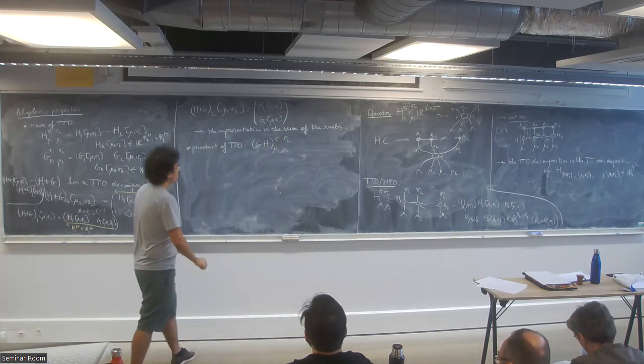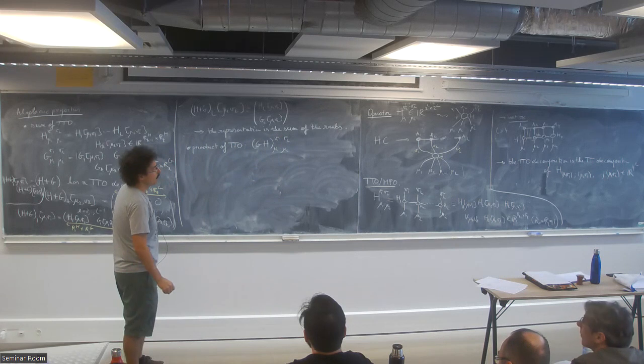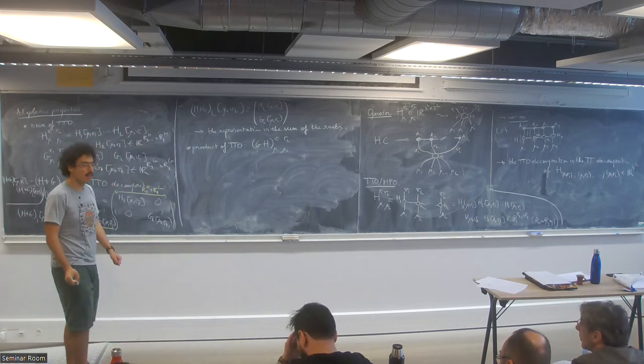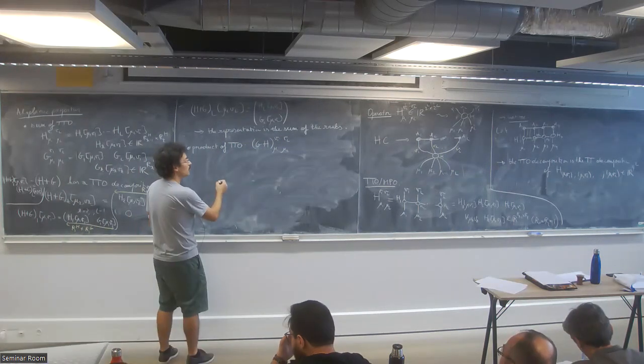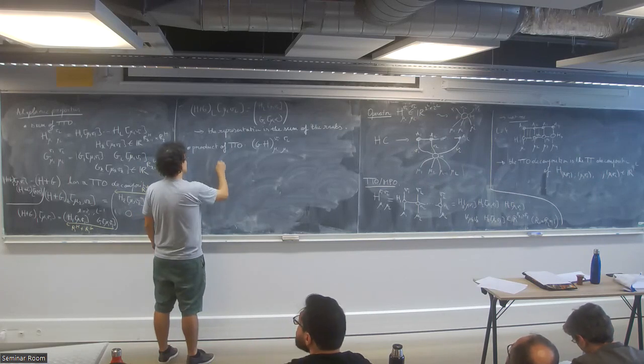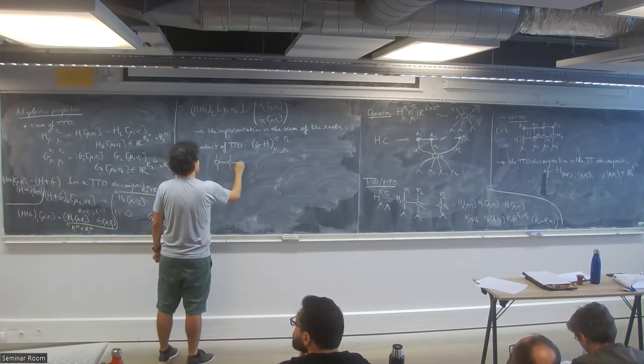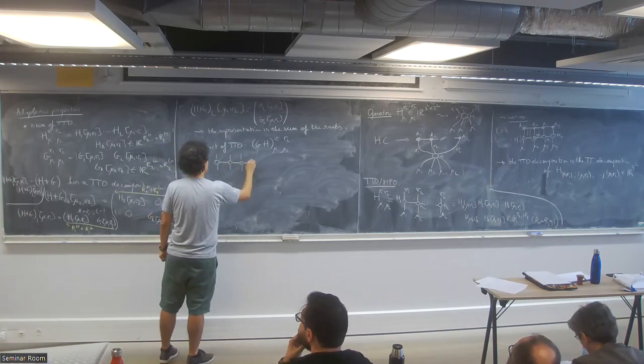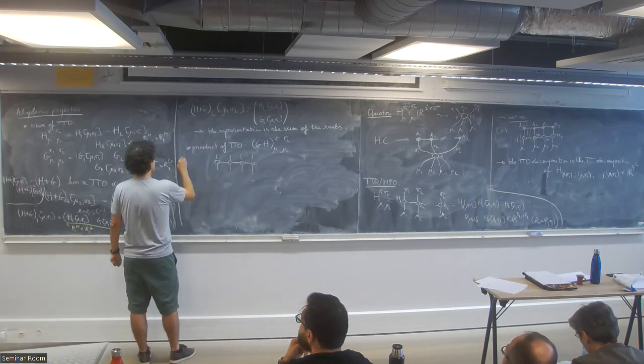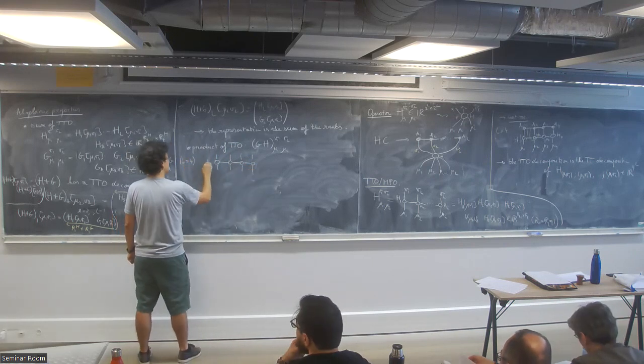You can do the algebra, but the algebra is kind of cumbersome, as always for tensors. So I think the best way is to do it using this graphical representation. So here I will fix L equals 4.